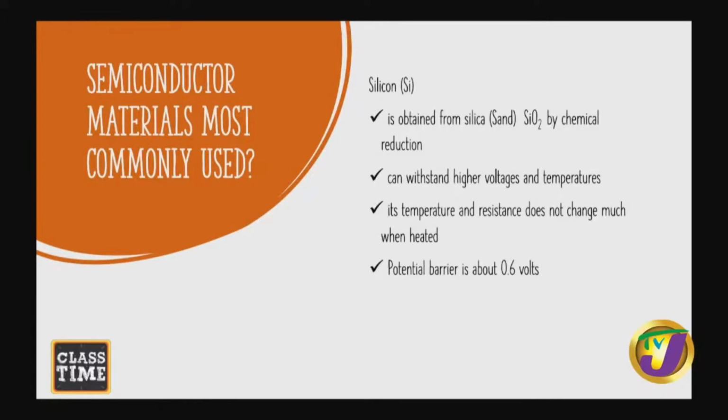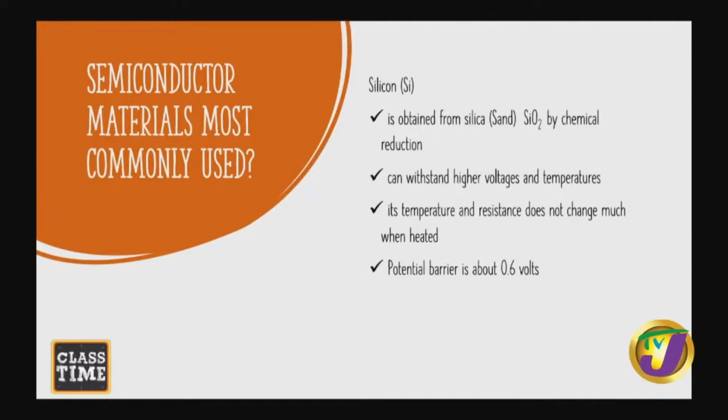Its temperature and resistance does not change much when it is heated, and that is very key to note, as we will be discussing, temperature does have an effect on semiconductor materials. Its potential barrier is about 0.6 volts.